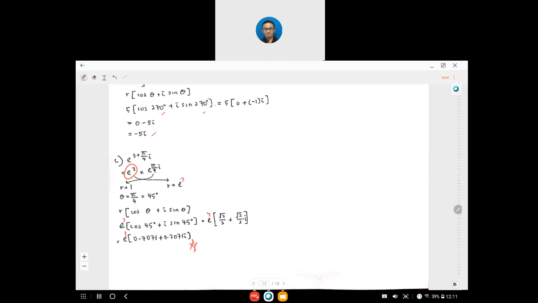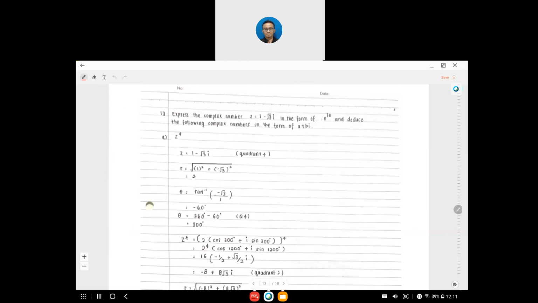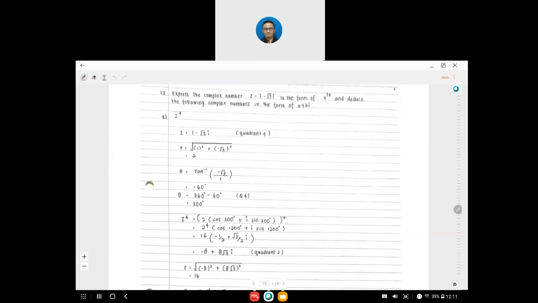Question number 13. Express the complex number 1 minus 3i in terms of exponential form and deduce the following complex number in the form of a plus bi: z to the power of 4.